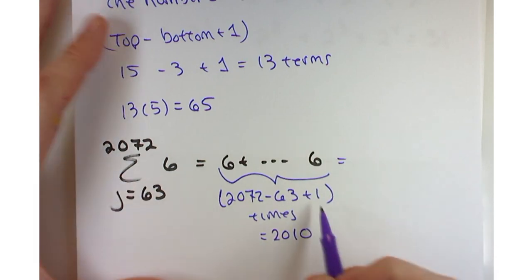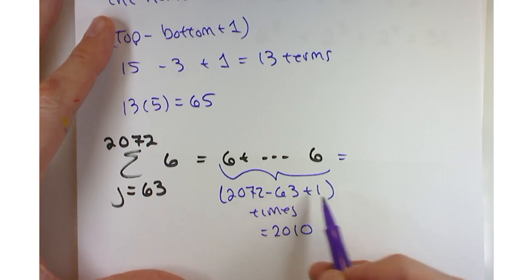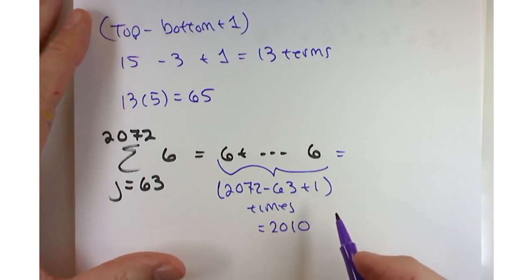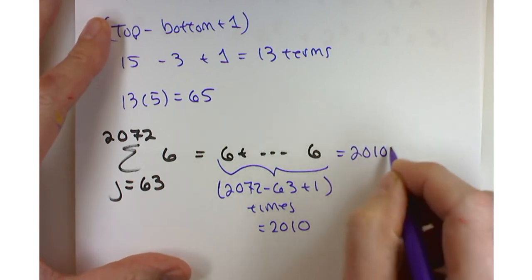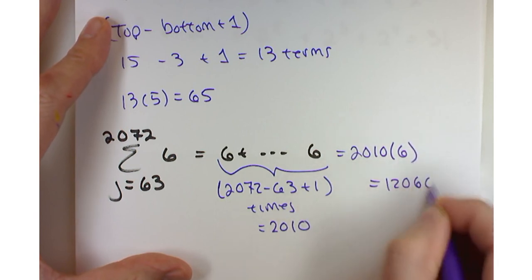No, come on, look. You add the 1 there, you get 2073, and then you subtract 63. It's pretty easy. That's not a human calculator. But you see how you did that quick? So this is really 2010 times 6, which is 12,060.